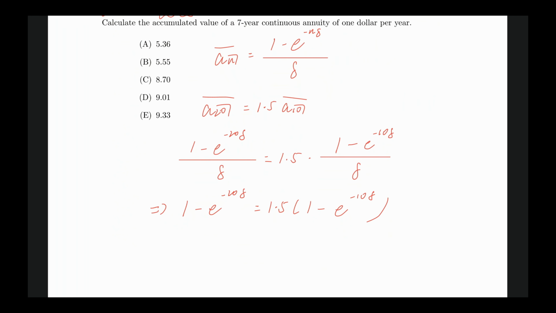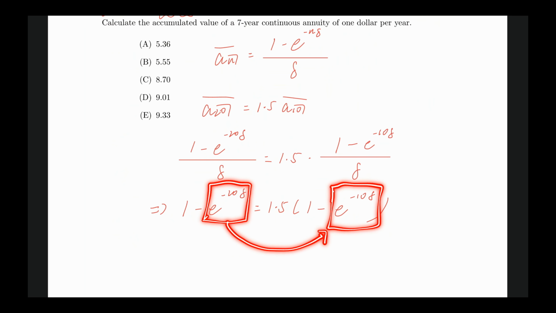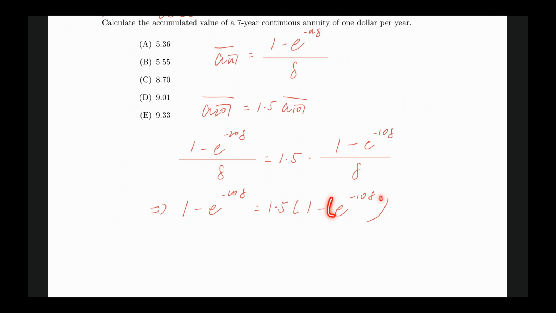Notice that there is some relationship between this one and this one. e to the power of negative 20 times the force of interest is exactly the square of this one, because if I square that, it's going to be e to the power of negative 20 times the force of interest.